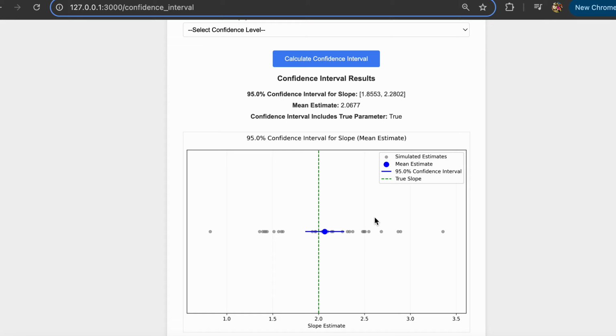So in this case, given that we return a true for 95%, we can say that we are 95% confident that the true slope lies within the given interval, and this is exactly what the graph is showing.